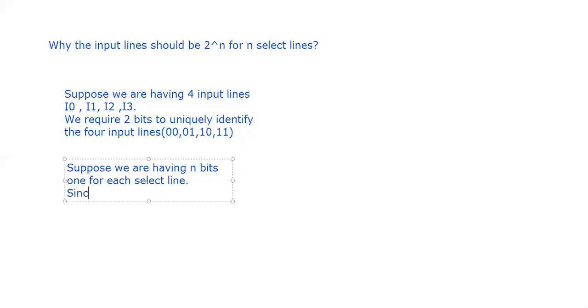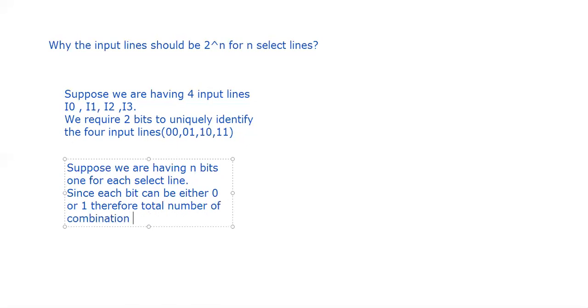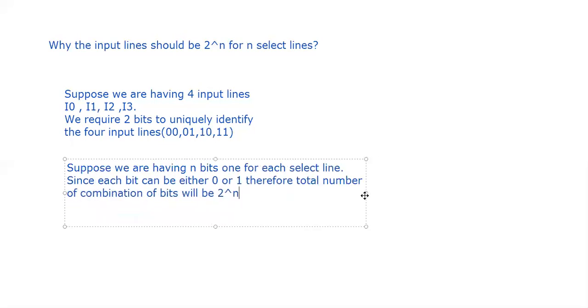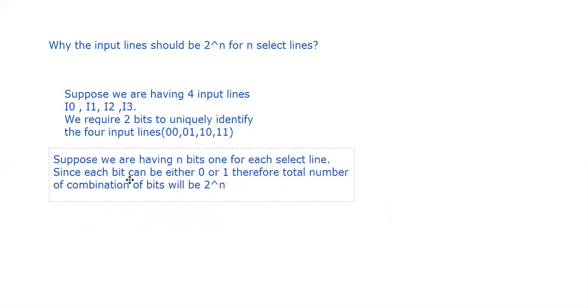Since each bit can be either 0 or 1, the total number of combinations of bits will be 2 to the power n. And for each combination we can have one input line, and that is the reason why we are having 2 to the power n input lines for n select lines. I hope this is clear.